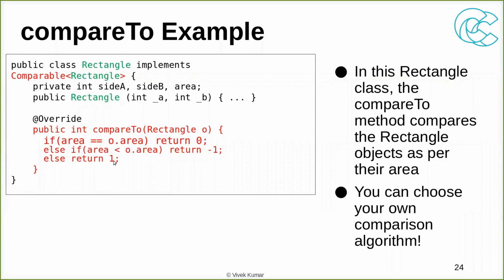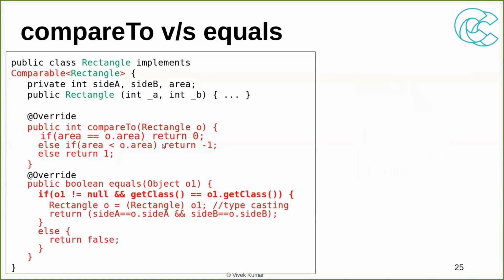So is this clear so far? If you don't want to implement it this way, that is also okay, as long as you return an integer. So you should have your own implementation for the compareTo method using the override. Okay.